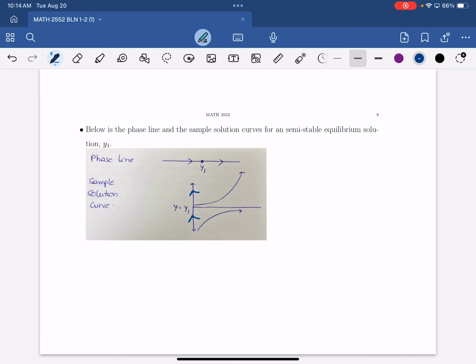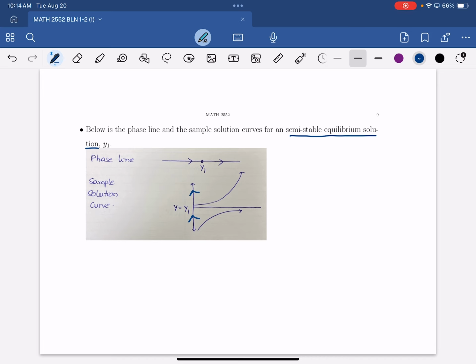Does that make sense? Clear? Such a critical point is called a semi-stable equilibrium solution or semi-stable critical point. For certain values of y, you are going towards the critical point, and for certain values of y, you are going away from it. Make sense?